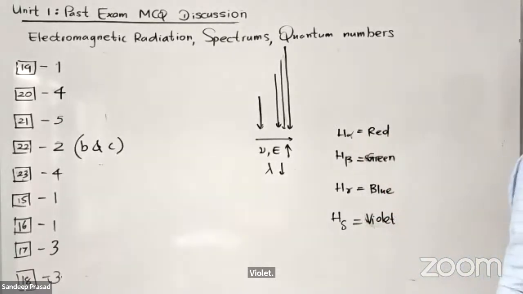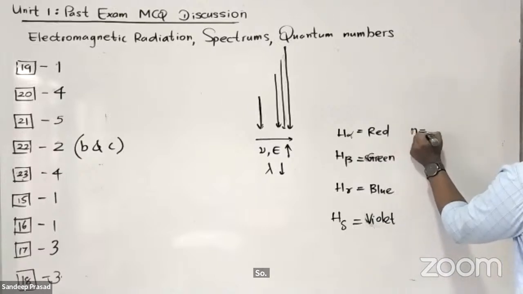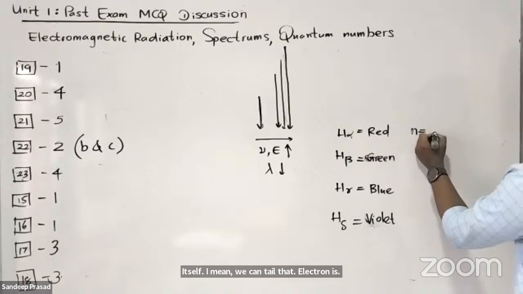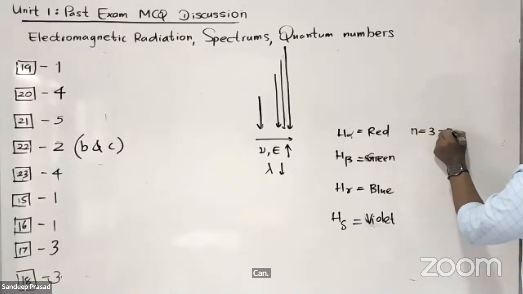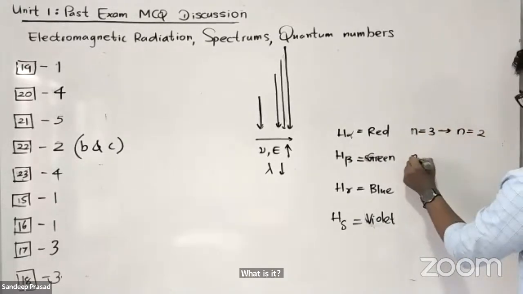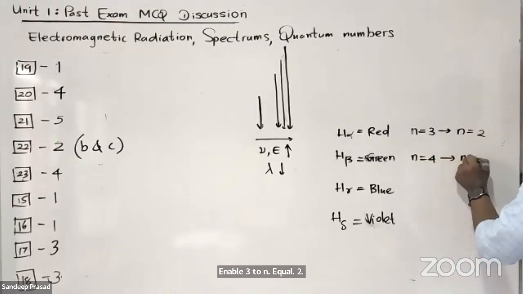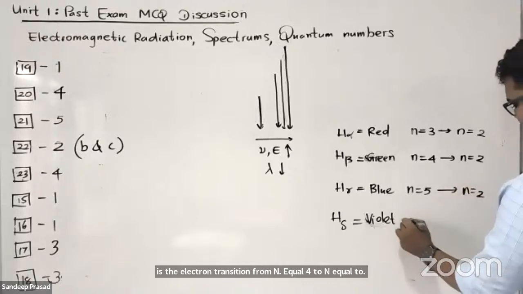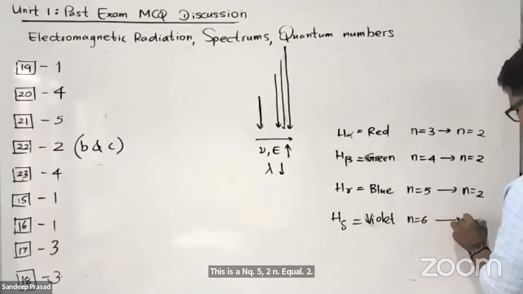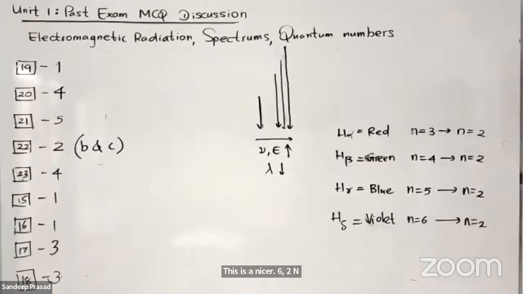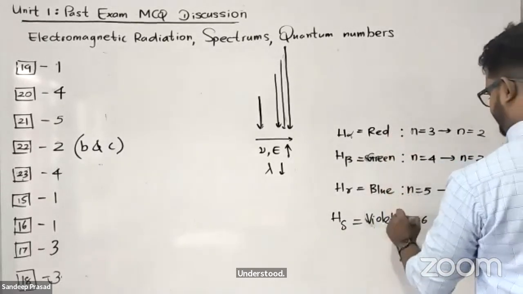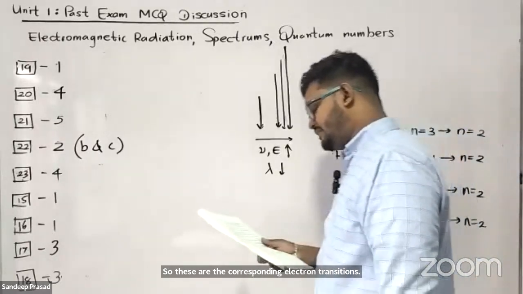So H alpha means we can tell that the electron transition is N equal 3 to N equal 2. This is the electron transition from N equal 4 to N equal 2. This is N equal 5 to N equal 2. This is N equal 6 to N equal 2. Understood? So these are the corresponding electron transitions. So therefore, the second statement is correct.